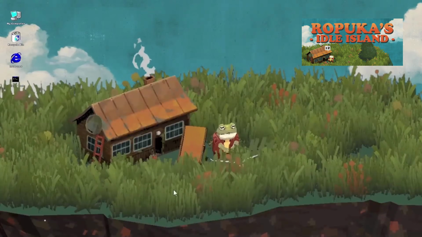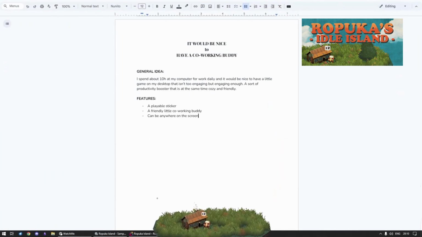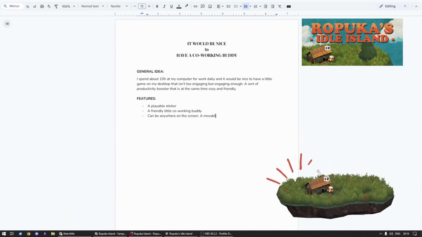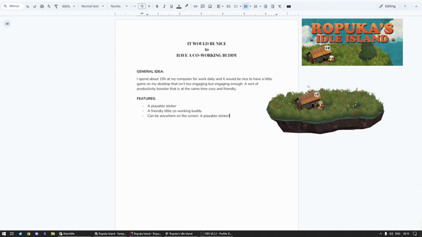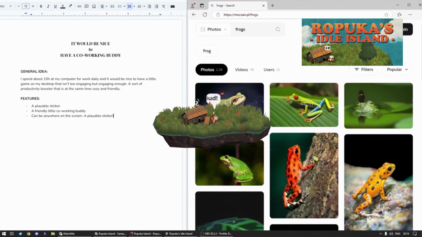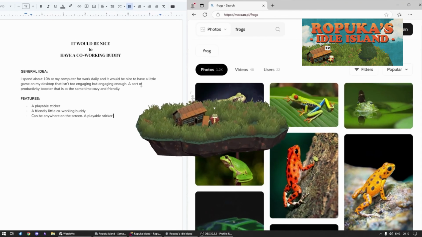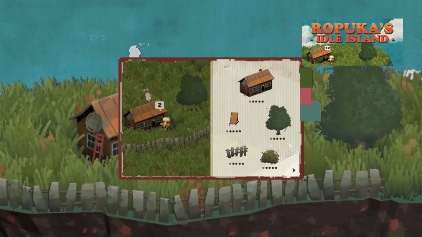And we estimate that Ropuka's Idle Island might have had around 3,000 wishlists on launch, but possibly went on to sell around 40,000 units in their first month. The developers behind both of these games really committed to marketing. They put out press releases and they got good media coverage, but they also engaged in their community and they've really shown that they understood their audience.